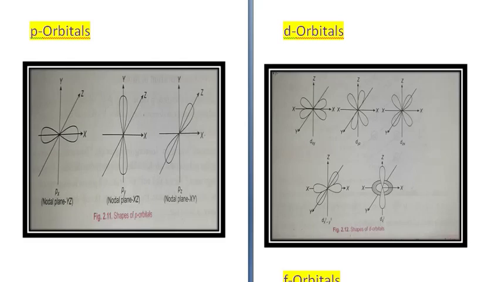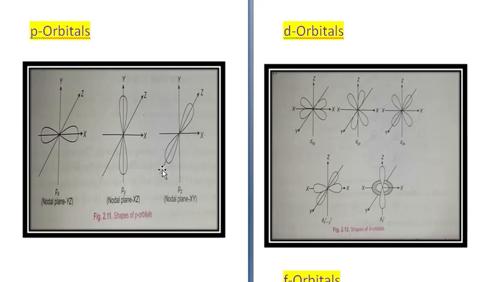In general, if you look at the shape of p orbitals, see over here, this is px orbital, so the dumbbell shape is around the x-axis. Py orbital, dumbbell shape around the y-axis, and pz orbital, dumbbell shape around the z-axis.